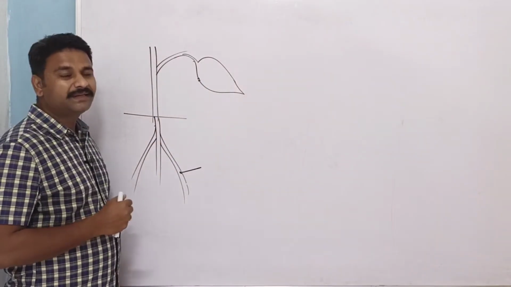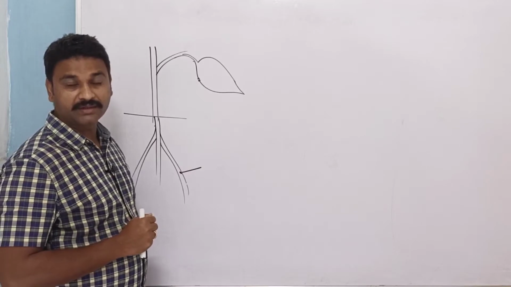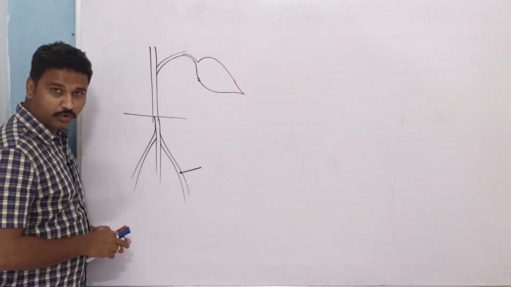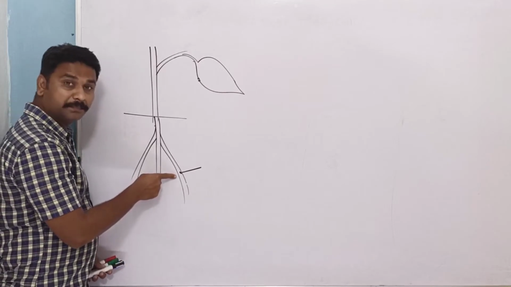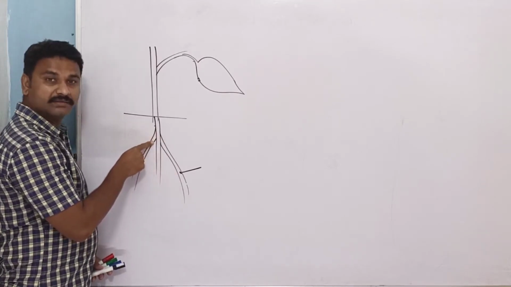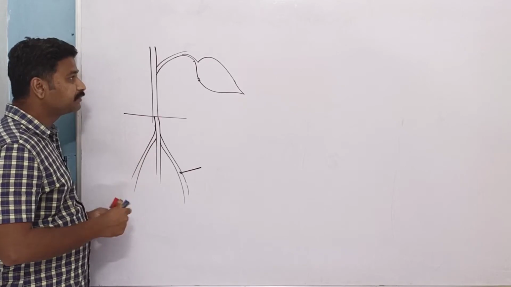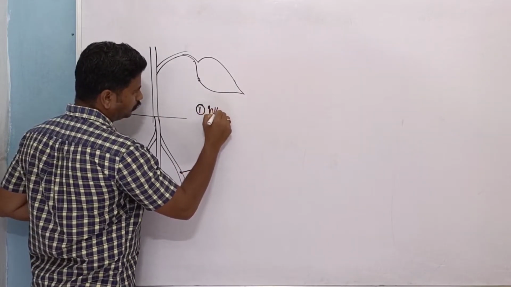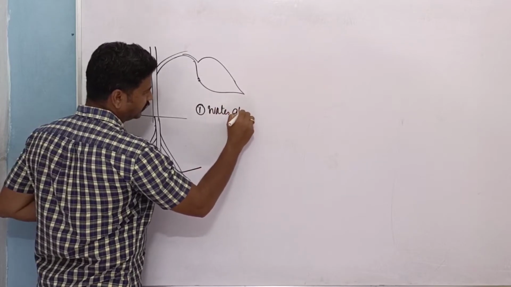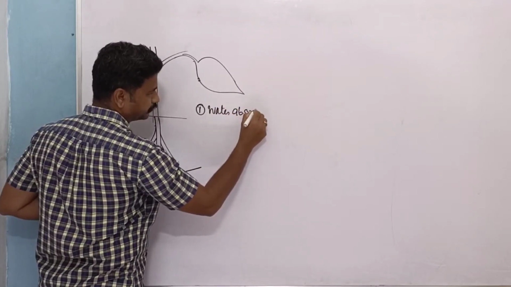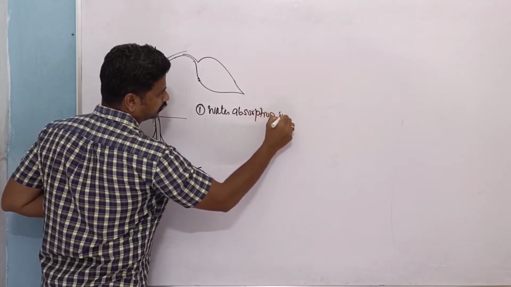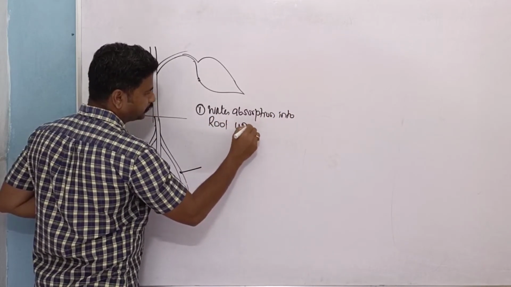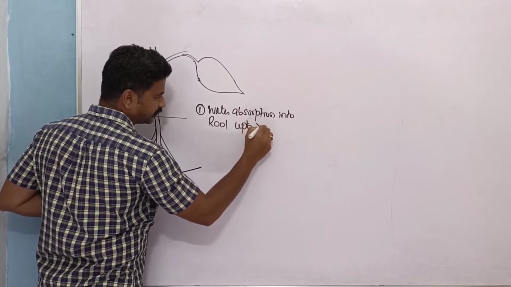So we will divide this process of absorption of water in two steps. Firstly, the water will get absorbed into the root up to the xylem, that is a vascular bundle. So this is step number 1. Water absorption into root up to xylem.